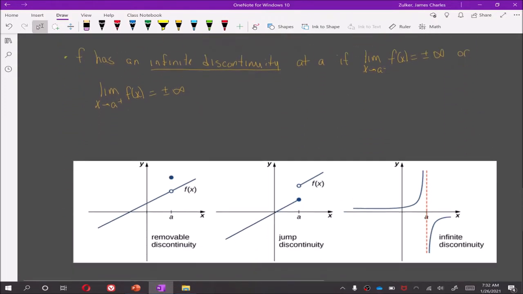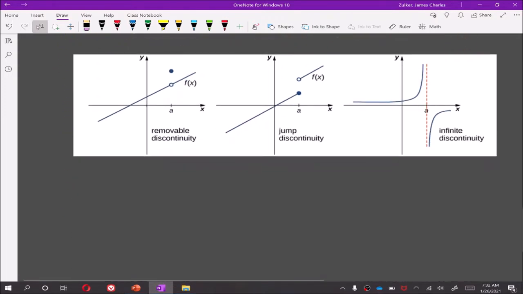And down here we have examples of each type. So here we have a removable discontinuity. Here we have a jump discontinuity. And here we have an infinite discontinuity.